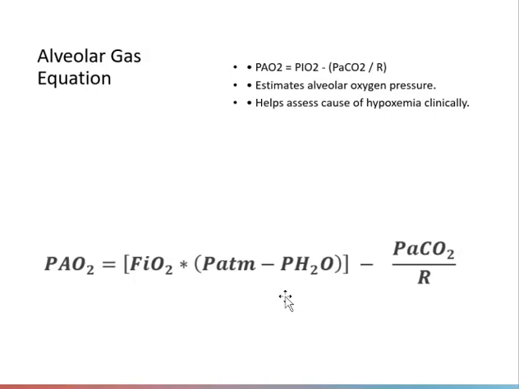So clinically, we compare the calculated PAO2 with the actual PaO2 from an arterial blood gas. A significant difference suggests impaired gas exchange, such as a diffusion problem or V/Q mismatch.